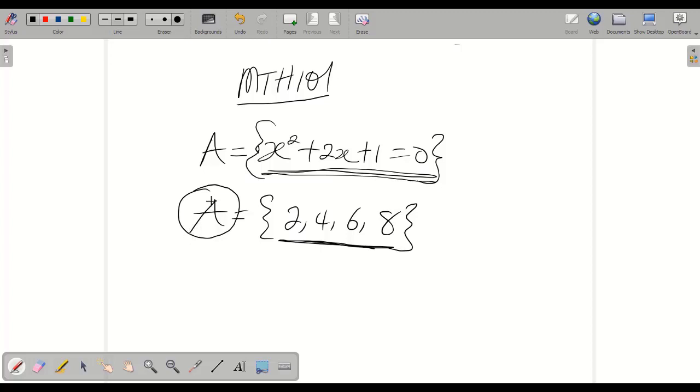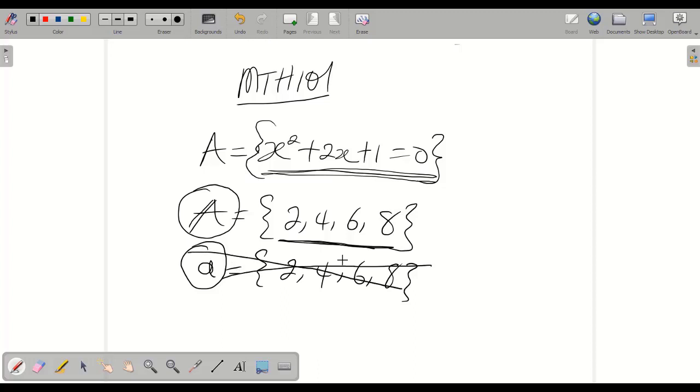And we are saying set A. If you look at it, I didn't say small letter a is equal to 2, 4, 6, 8. A set must always be denoted by a capital letter. So this is wrong. This is correct. Now the elements in a set must always be separated by commas.